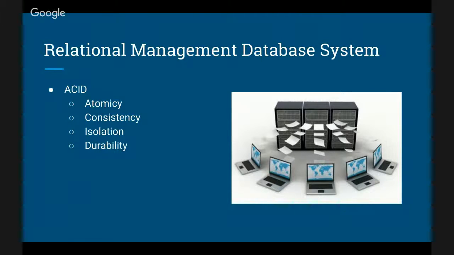A relational database management system is a type of management system that's based on making sure that atomicity, consistency, isolation, and durability are attributes of the database being used.